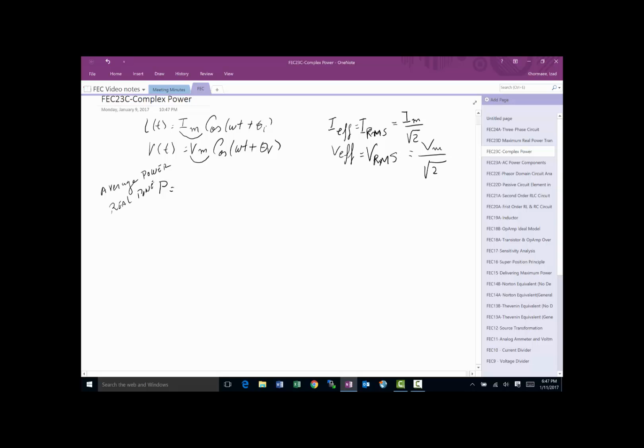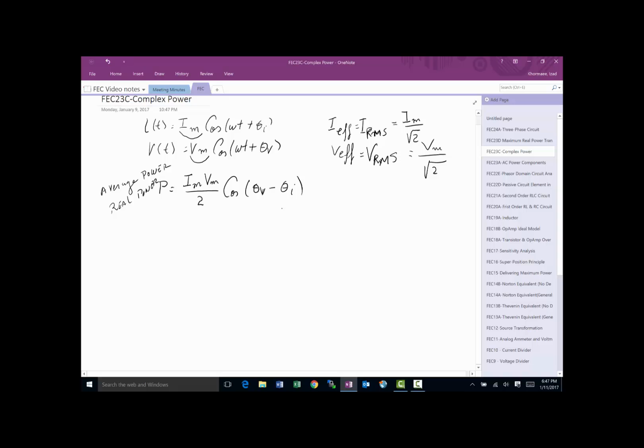As we had discussed earlier, P can be written in multiple ways. I can write it as Im Vm divided by 2 times cosine of theta V, the shift for voltage, minus theta I, the shift for current.